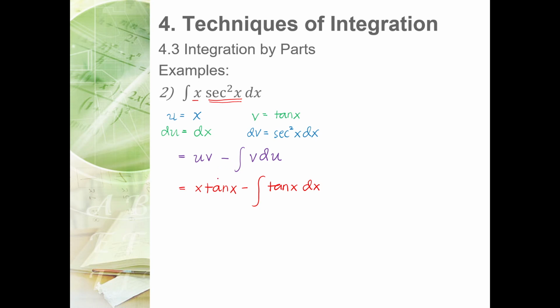Okay, so I think you have a formula for the integral of tangent x. So x tangent x minus, I think it's ln. Let's try to verify if it's ln. If it's right, because I forgot also.